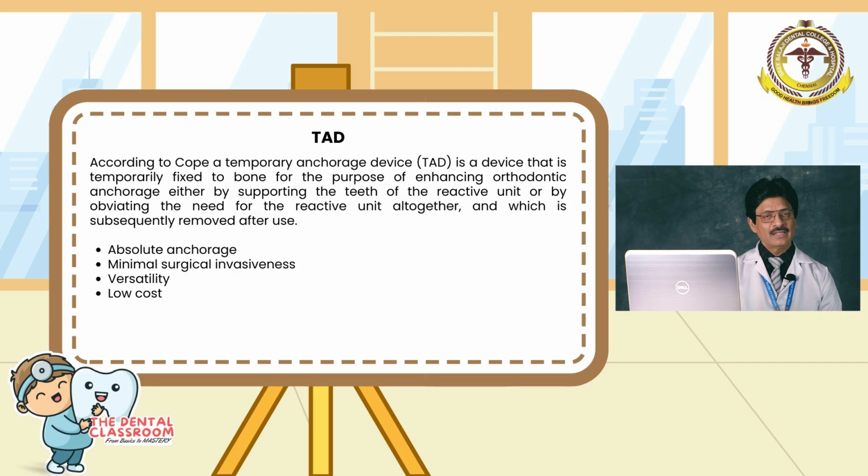But then, as we all know, Newton's third law of motion, every action has an equal and opposite reaction. So we want an anchorage which is absolute, which doesn't move. And hence, we have now come to that scenario where we are in the use of TADs.